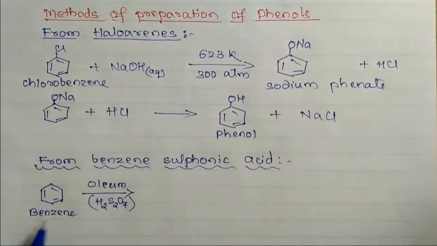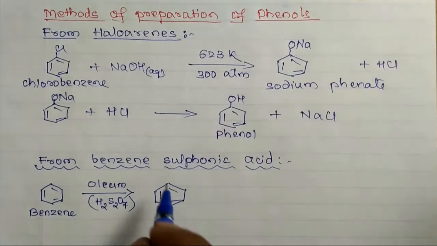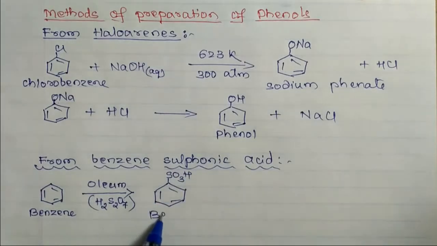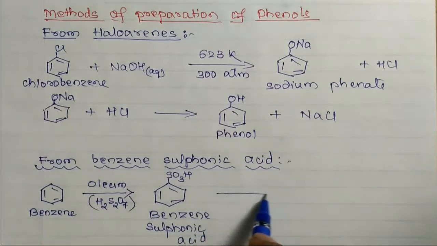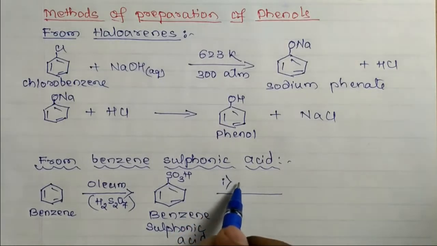Benzene is heated with oleum, and you are going to get benzene sulfonic acid. SO3H is attached to the benzene ring, that is benzene sulfonic acid. Benzene sulfonic acid is converted to sodium phenoxide on treatment with molten sodium hydroxide.